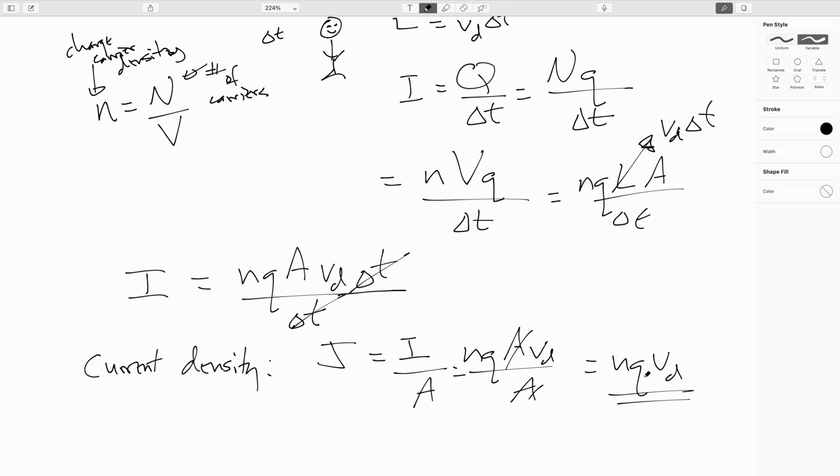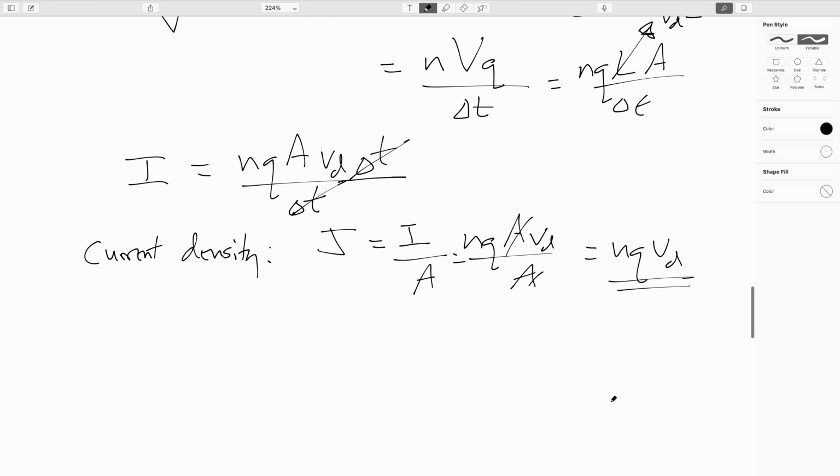This is where you get your typical numbers, that the typical drift velocity of an electron is something like 1/10 of a millimeter per second or so. And this comes from just plugging in a typical current, a typical cross-sectional area, and solving it out.